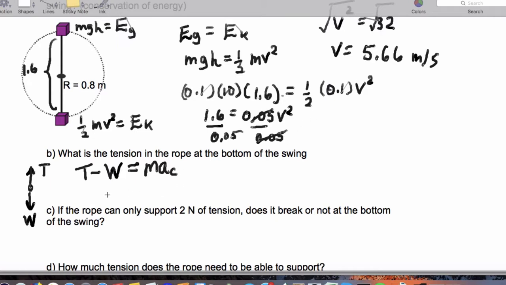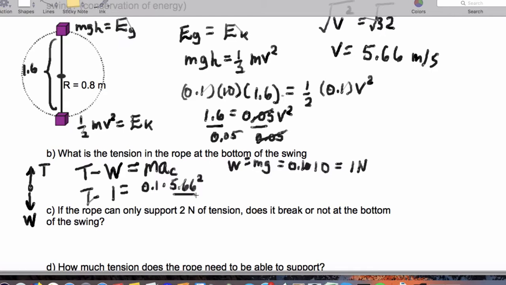So now let's go ahead and plug in our numbers. We've got tension minus the weight, and remember weight is mg. So that's going to be 0.1 times 10, and that's going to give me 1 Newton worth of force. So we'll have T minus 1 equals 0.1 times 5.66 squared divided by the radius, which is 0.8.